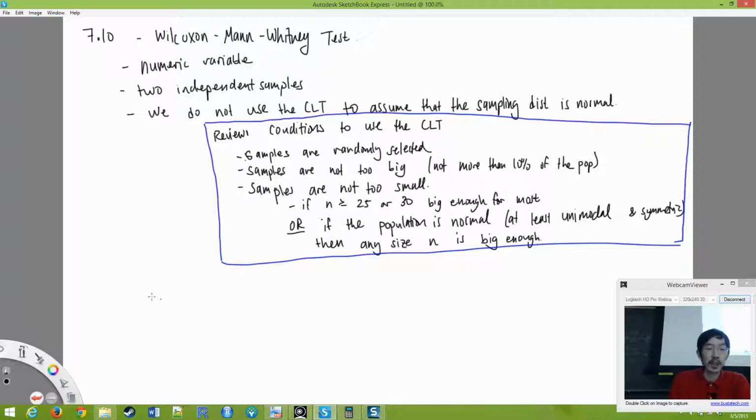So the most common scenario for using, and I'm going to just abbreviate this, the WMW test.